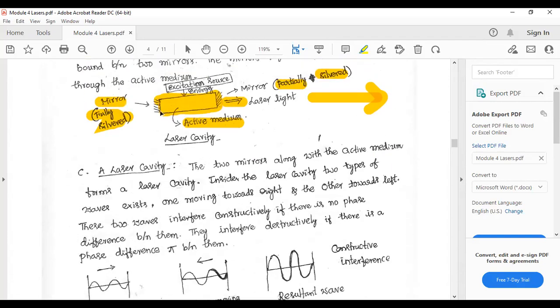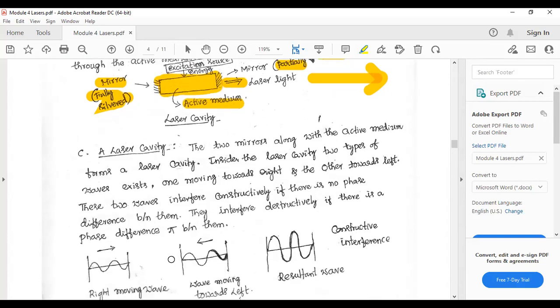And also the length of the laser cavity is actually made in such a way that, let us imagine there is a particle which is excited here, and it will de-excite by emitting a photon. This is a mirror here, and here there is a partially silvered mirror. This light ray, emitted by a particle, must travel towards this mirror, moving towards the right side.